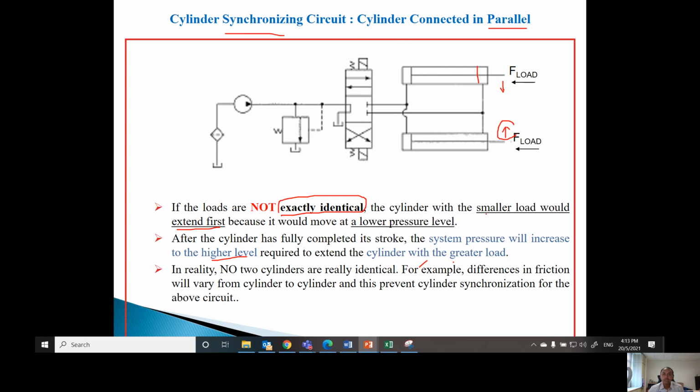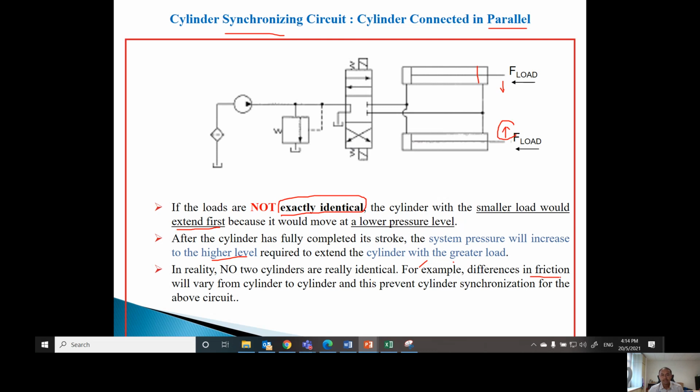Otherwise, the smaller load will extend first, and then the bigger one will extend after the first one has finished extending. As I mentioned just now, in reality, no two cylinders are really identical. There should be a very small difference.